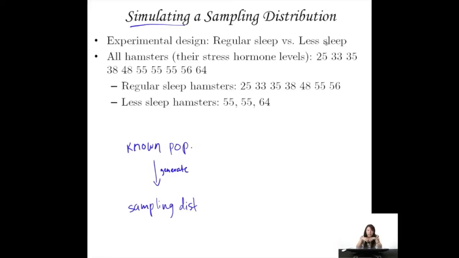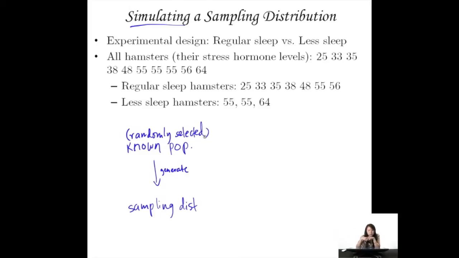What we want to know is, are these less sleep hamsters, are these insomniac hamsters, more stressed than you would expect by random chance? That's what we expect. And so the known population that we could think about is something like, these are randomly selected stress hormones. Randomly selected hamsters, that these 3, it's not that they're more stressed, it's just that by chance you might get these numbers to be in there anyway.